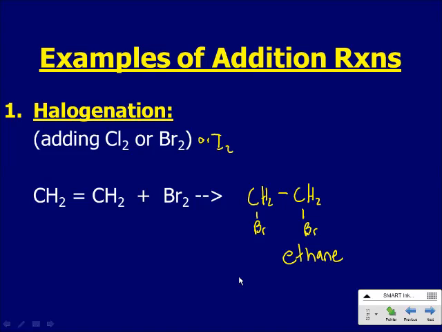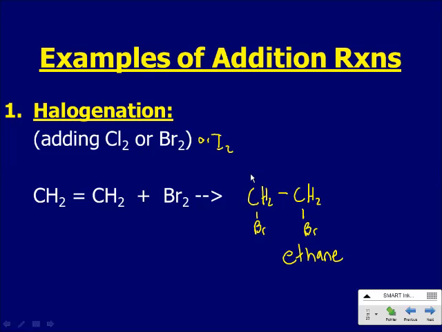So it's dibromo. Now the question is, do I need numbers? Can I have two bromos in this molecule but in a different position? Could I not have both bromos on the first carbon as opposed to one on the first and one on the second?